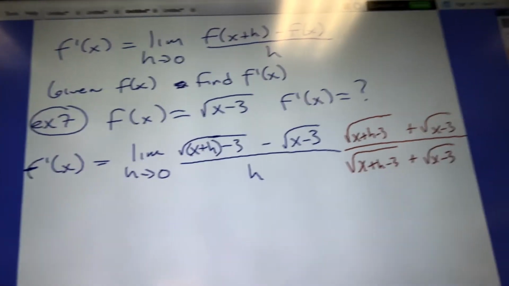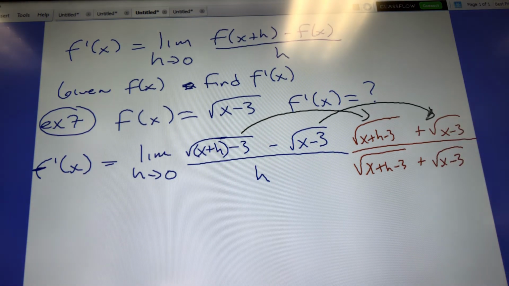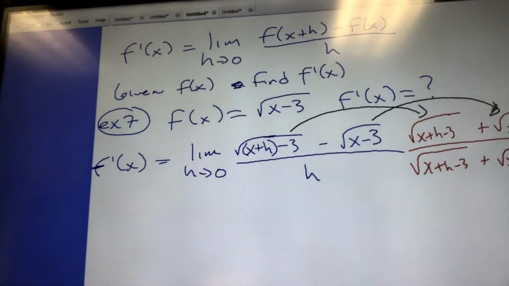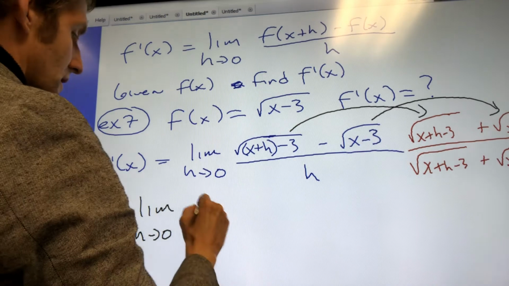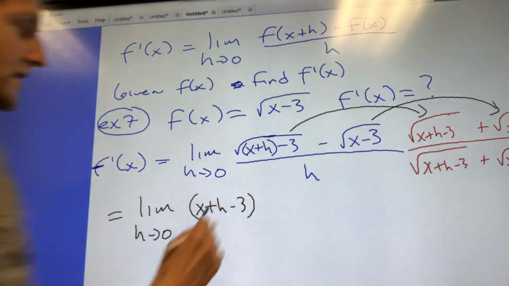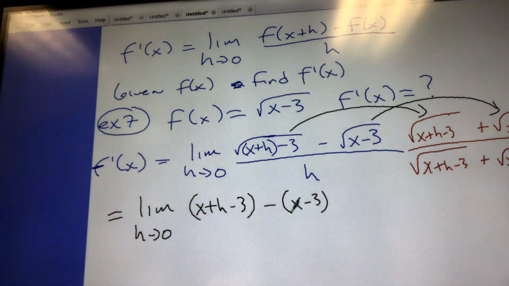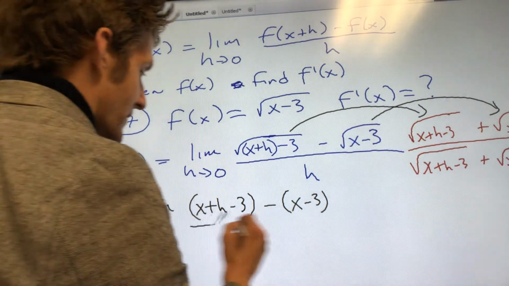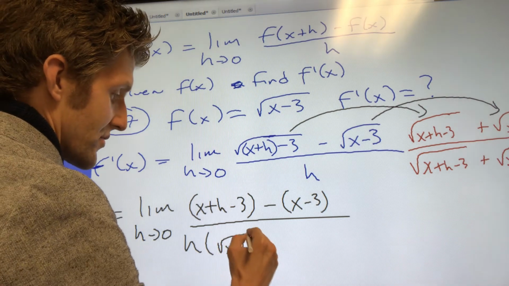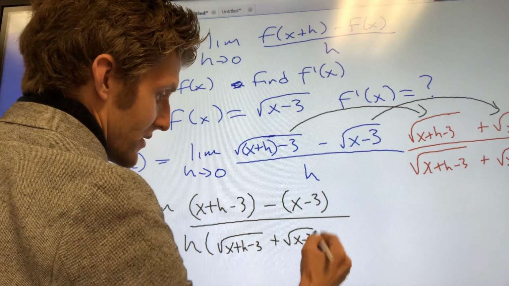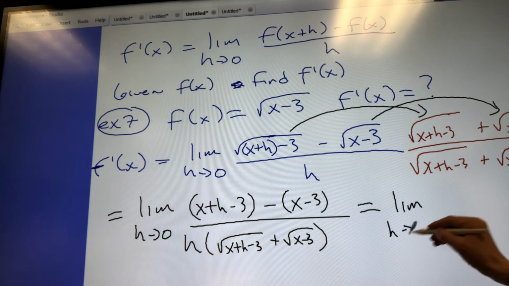All right. So I have the limit as h goes to 0 of x plus h minus 3, the first parenthesis, minus x minus 3, and the first root times itself, the second root times itself, divided by h times the root of x plus h minus 3 plus the root of x minus 3.